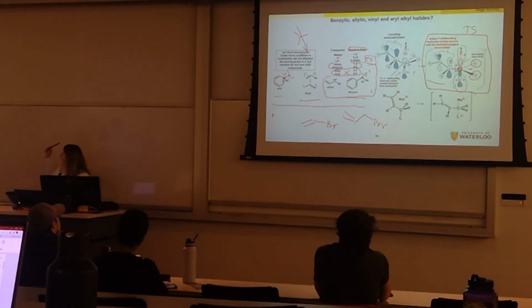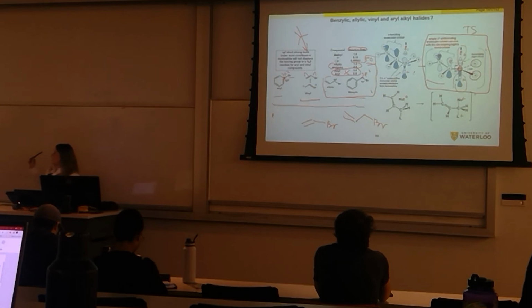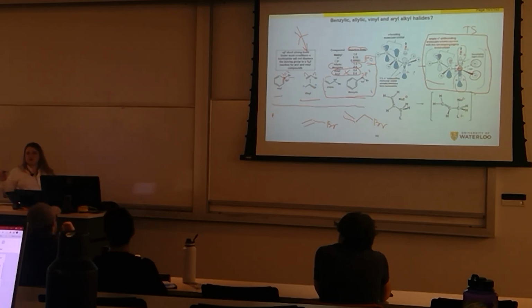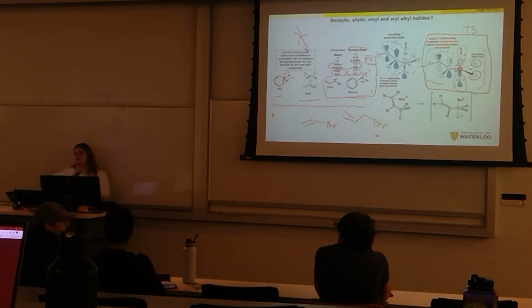You can look, I believe those cartoons are also in the course notes. You can slowly look at that cartoon, because it depicts everything very well, but you need to actually sit and look and understand where everything goes and what happens. The bottom line is the p orbitals that form the pi bond help to stabilize the transition state through the orbital kind of conjugation.